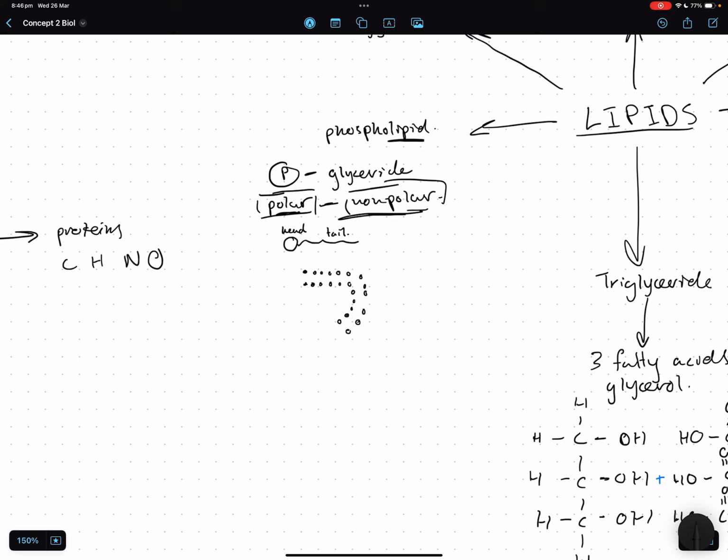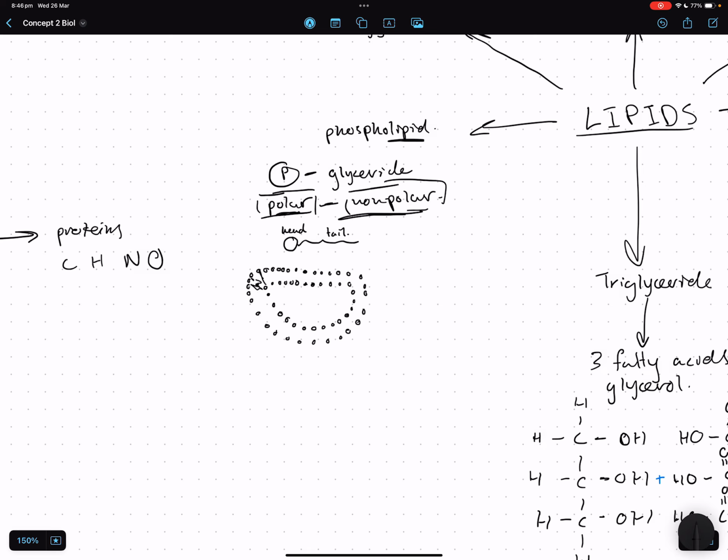They form this vesicle in water because the non-polar tails join together, since they're more likely to form hydrophobic interactions with each other than anything with water.